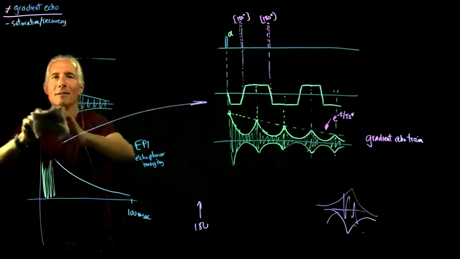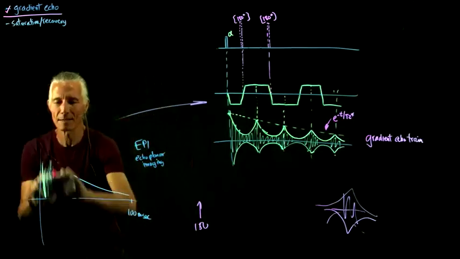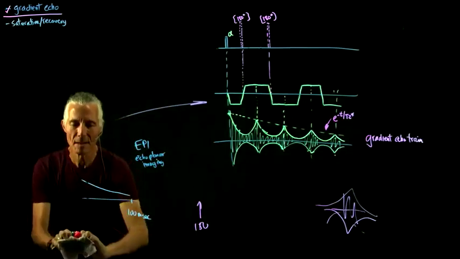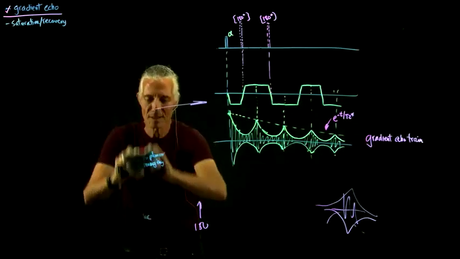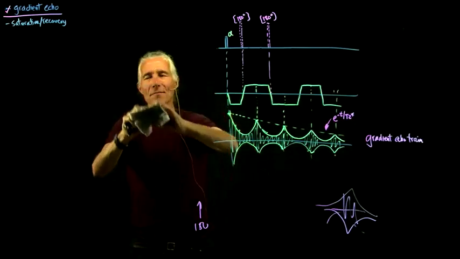Okay, so now what we're going to do is start talking about the homework. So how do you do the problems in the homework? These problems are basically just applying those solutions to the Bloch equation recursively.